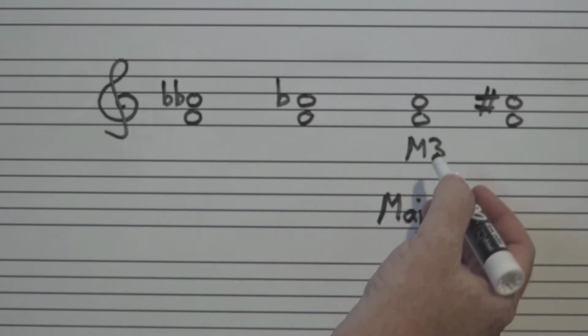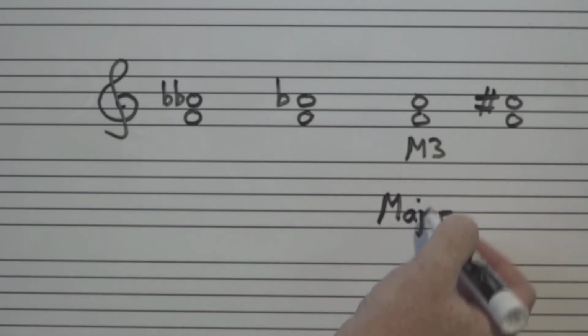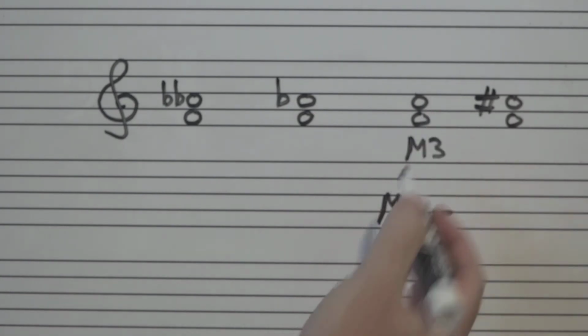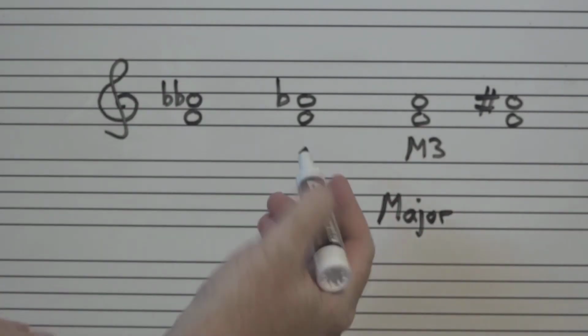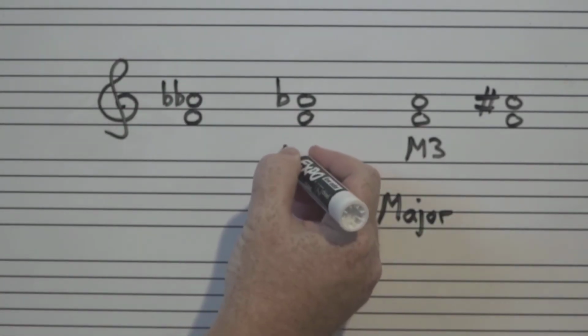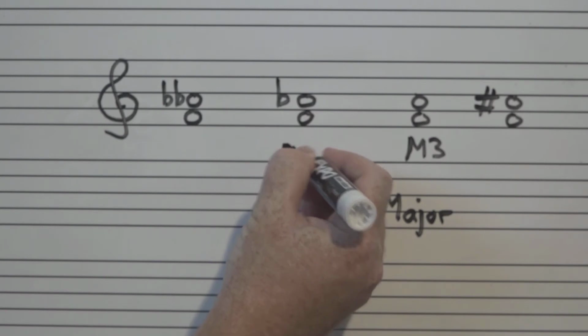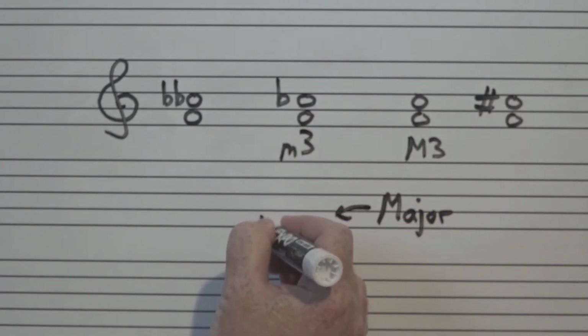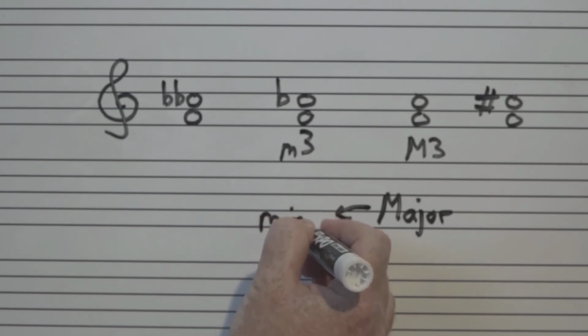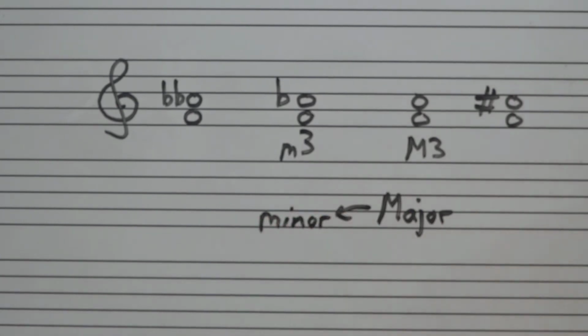Well, let's first start with the most common one. If we have a major third, F to an A, the major third gets closer together with F to A flat, it becomes a lowercase m and a minor interval.